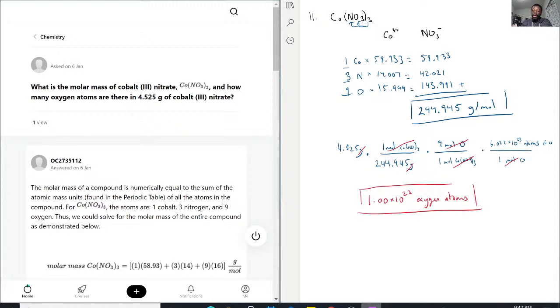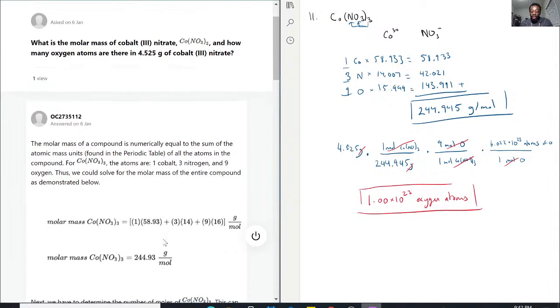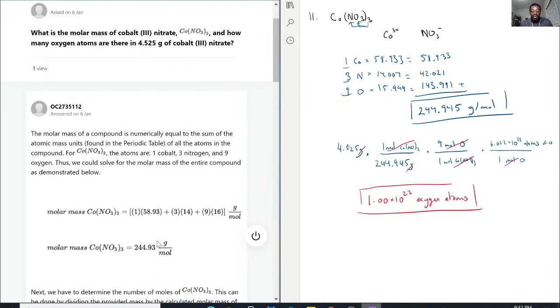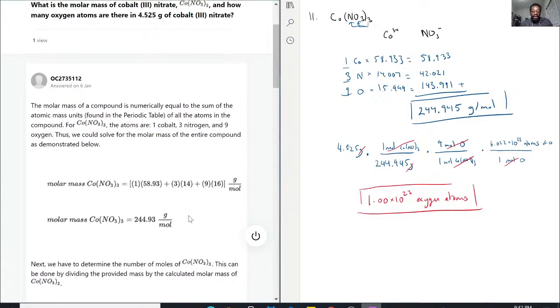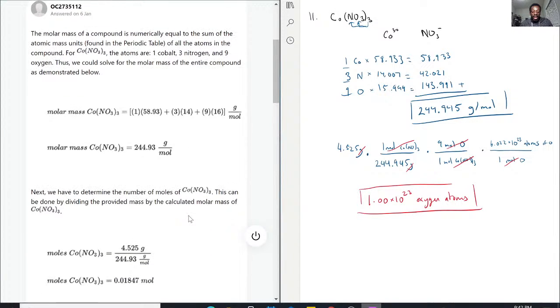Hopefully with this we're able to actually cancel the right units, but let's see what our colleague was able to do. So they did get the molar mass was 244.93, which is close to what we got. It just depends on the periodic table you're using. As you can see, their values are slightly different from mine. Okay, and then we found the moles.